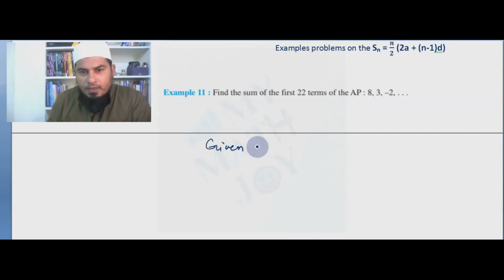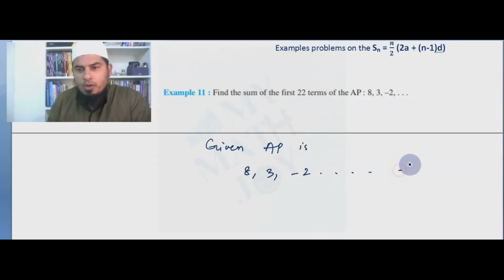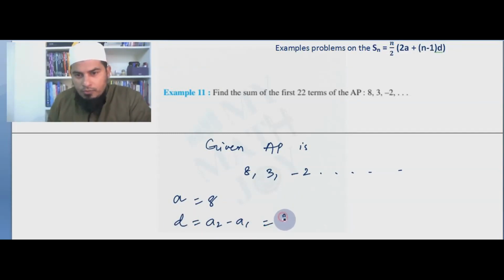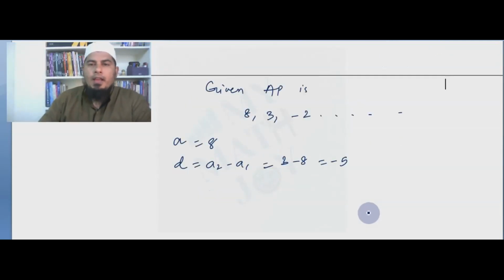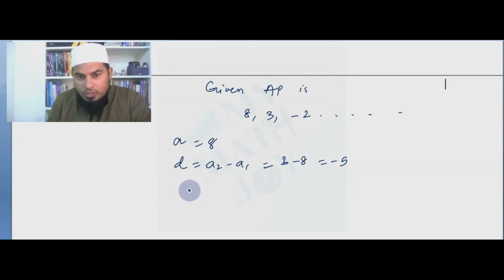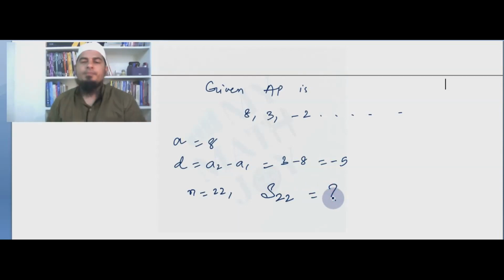The given AP is 8, 3, minus 2, and so on. My first term is 8, my common difference is a2 minus a1, which is 3 minus 8, equal to negative 5. He wants the sum of 22 terms, so n is 22. He wants S22.